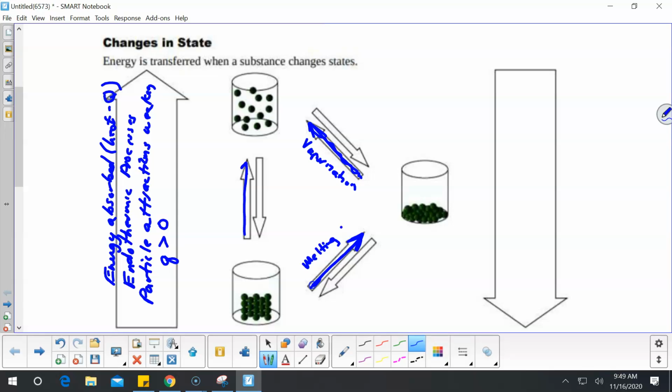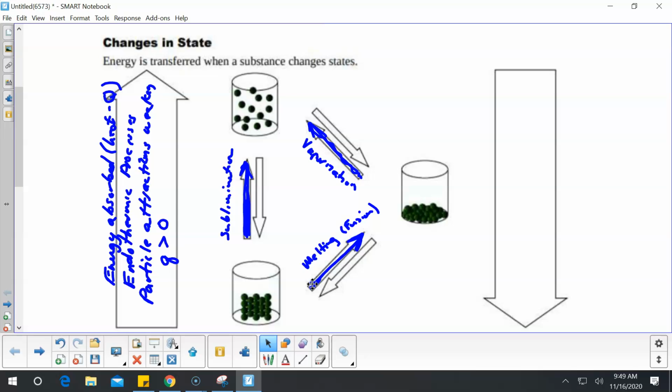Sometimes that is also called fusion. And if we are going directly from a solid to a gas, that is called sublimation or subliming. Okay, so all of those are absorbing energy.